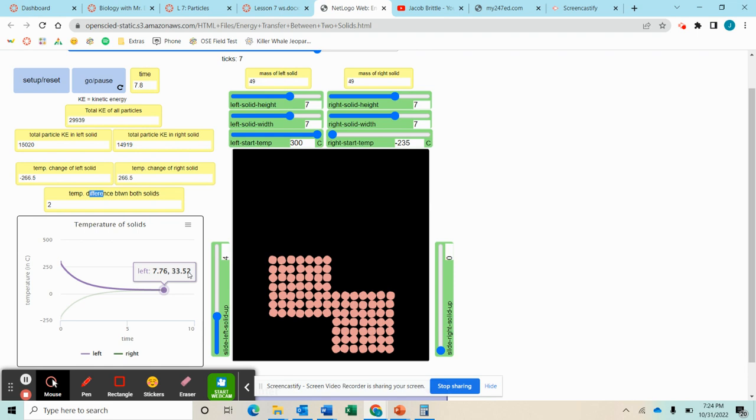And you can see what temperature that is that they met right here on the graph if you hover over any spot on the graph. And then you can actually pick that this value right here is how much time has passed. So this is 7.5 seconds.